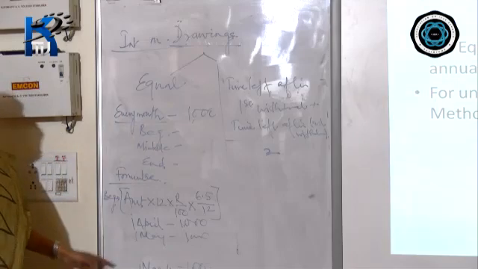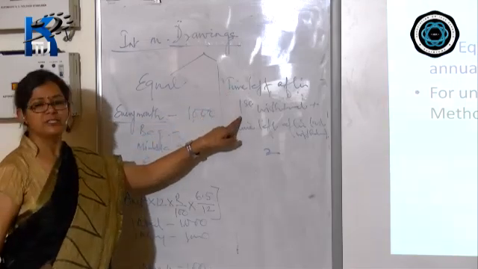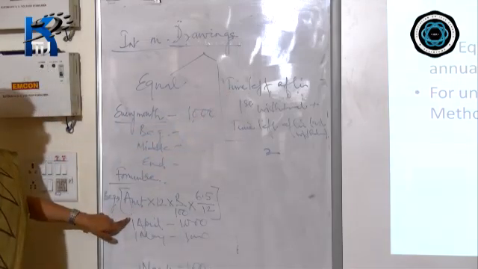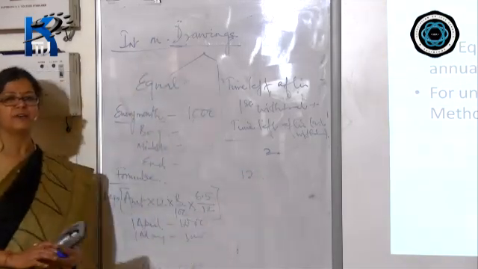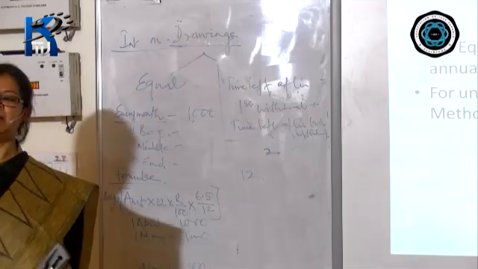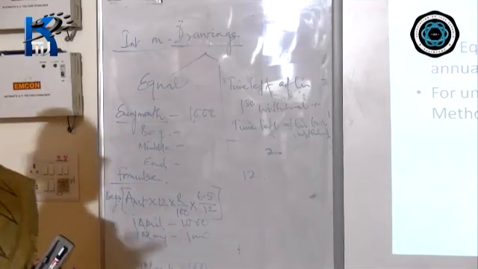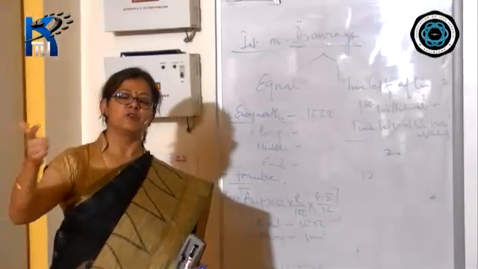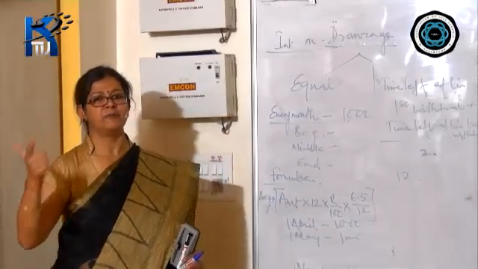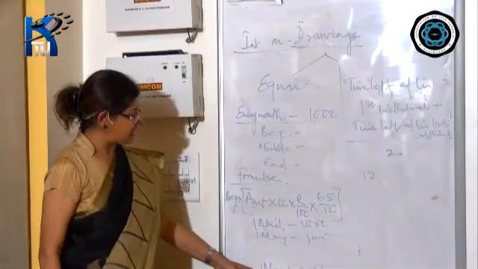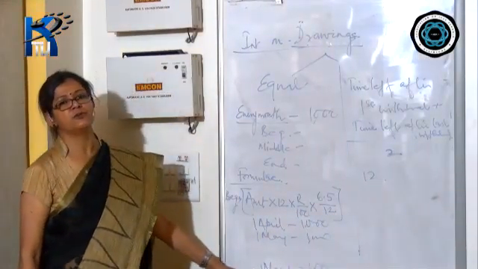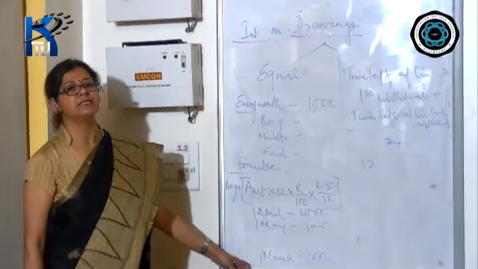What does the formula say? Time left after the first withdrawal. So time left after the first withdrawal is 12 months. How did I get 12 months? If we calculate March, April, May, June, July, August, September, October, November, December, January, February, March. So we are left with 12 months. And the last withdrawal for the year will take place on 1st March.